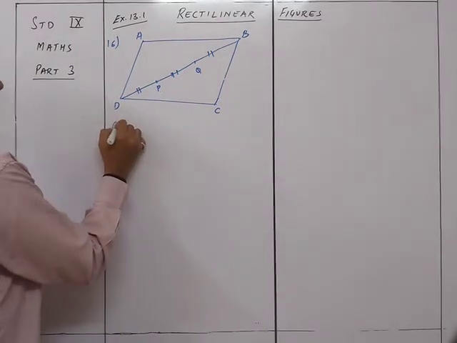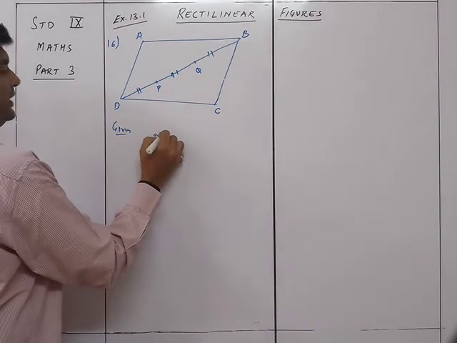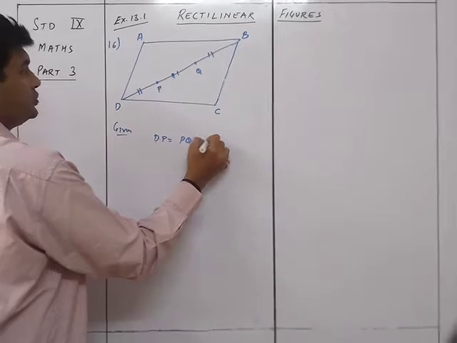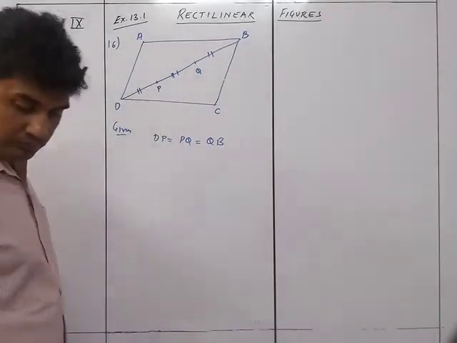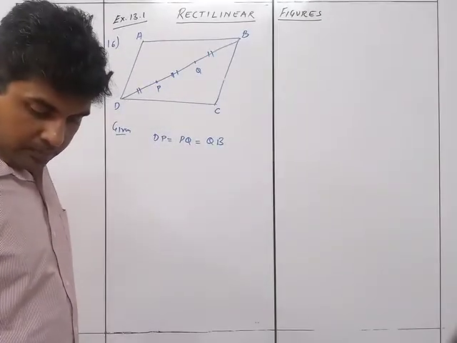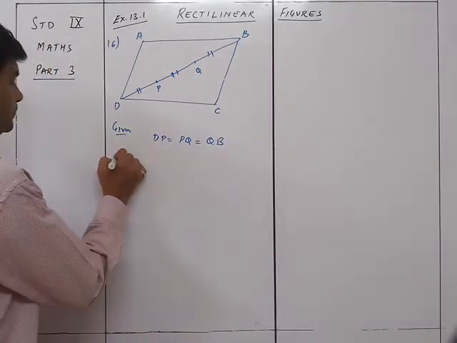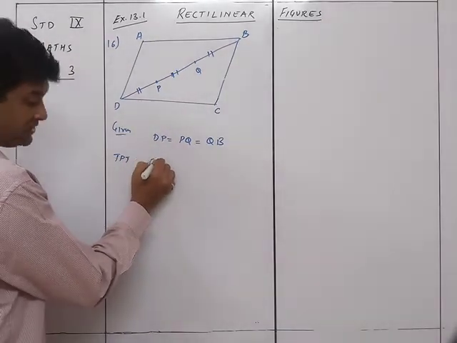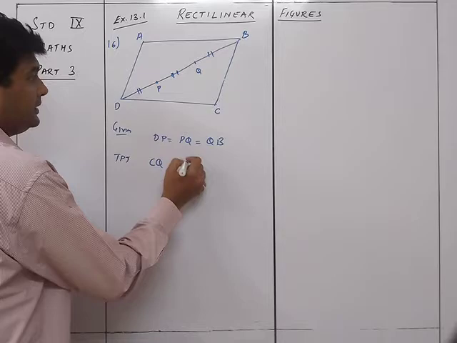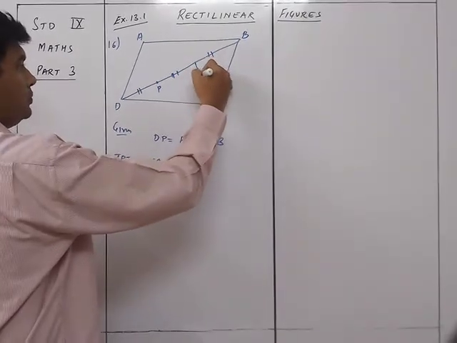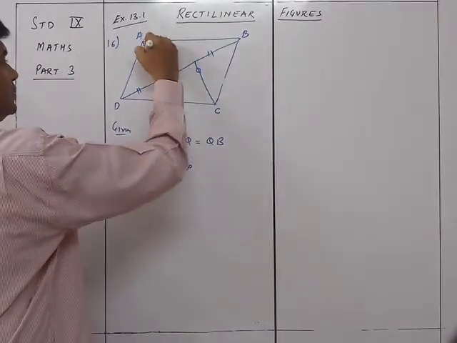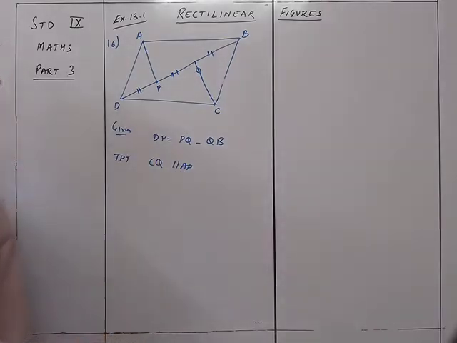That is given: DP is equal to PQ is equal to QB. We have to prove that CQ is parallel to AP. This is what we need to prove.